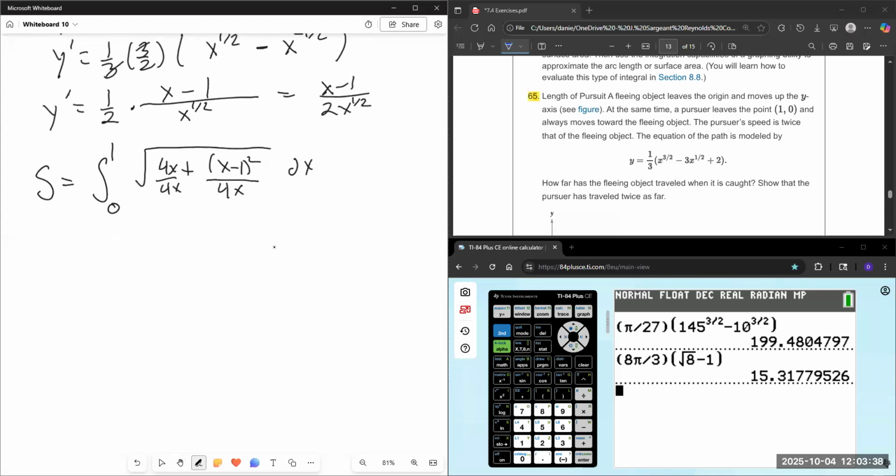So that makes s equal to the integral from 0 to 1 of, and then the 4 can come out as a 1/2, and this is square root of x down here, and this is going to be square root of 4x plus x squared minus 2x plus 1 dx.